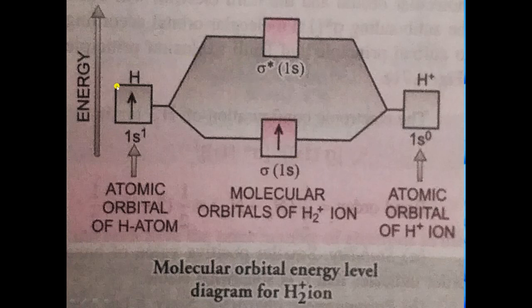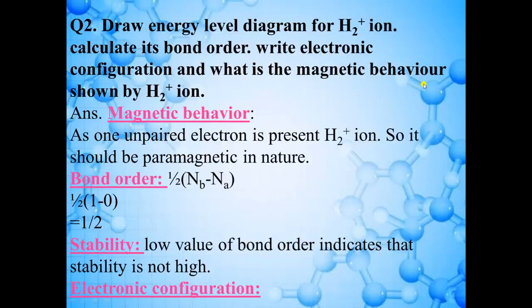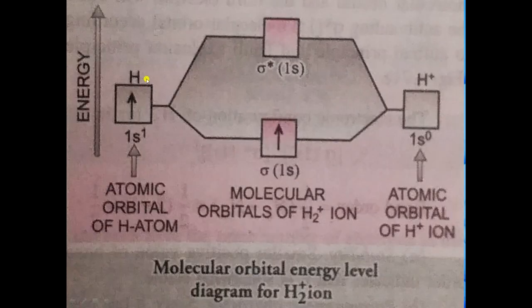Now this atomic orbital is for the hydrogen atom and this atomic orbital is for the H positive ion, because we are writing the energy level diagram for H2 positive ion, and H2 positive ion is formed by mixing a hydrogen atom and an H positive ion. Hydrogen atom plus H positive ion will form H2 positive ion.